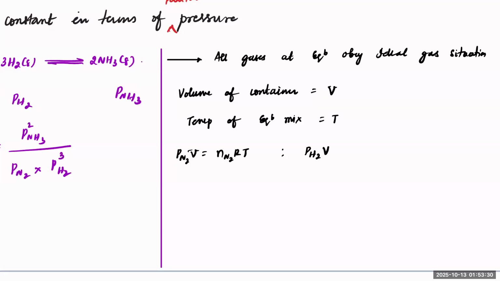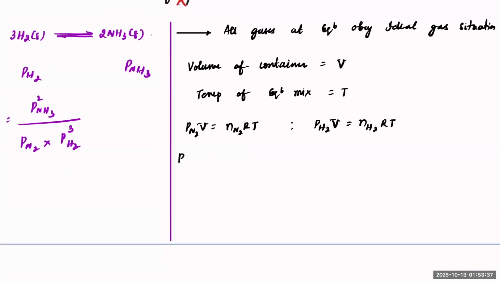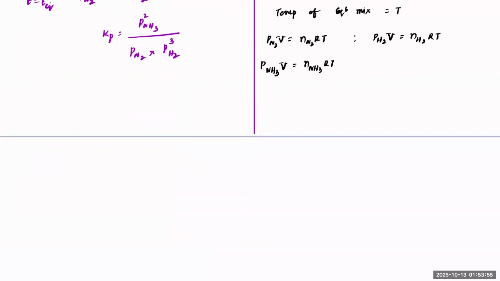Partial pressure of hydrogen times V is equal to number of moles of H2 times RT. Similarly, partial pressure of NH3 into V is equal to number of moles of NH3 times RT. Got it? Now let me substitute these partial pressures in terms of the number of moles.